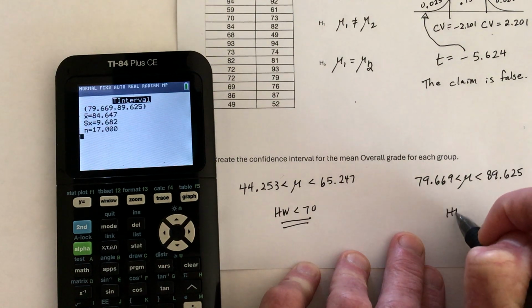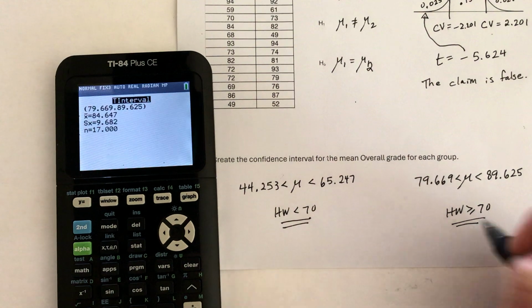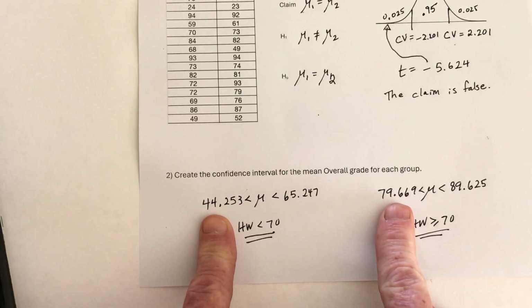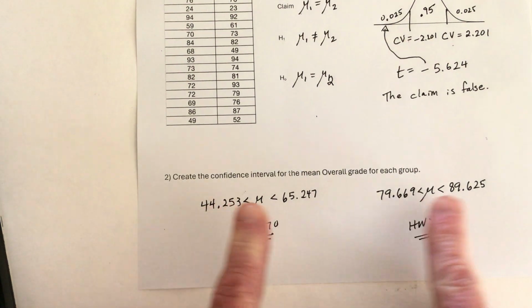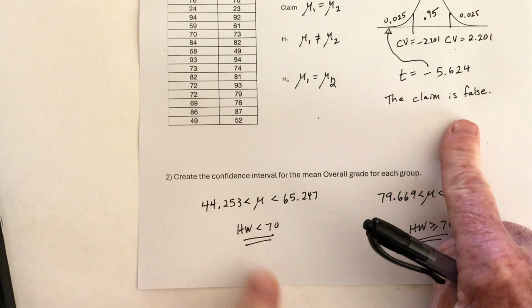And this is for the people where their homework is bigger than or equal to 70. And if you compare the two intervals, there's a huge difference. So there definitely is a difference. So this is just more confirmation of what we proved over here.